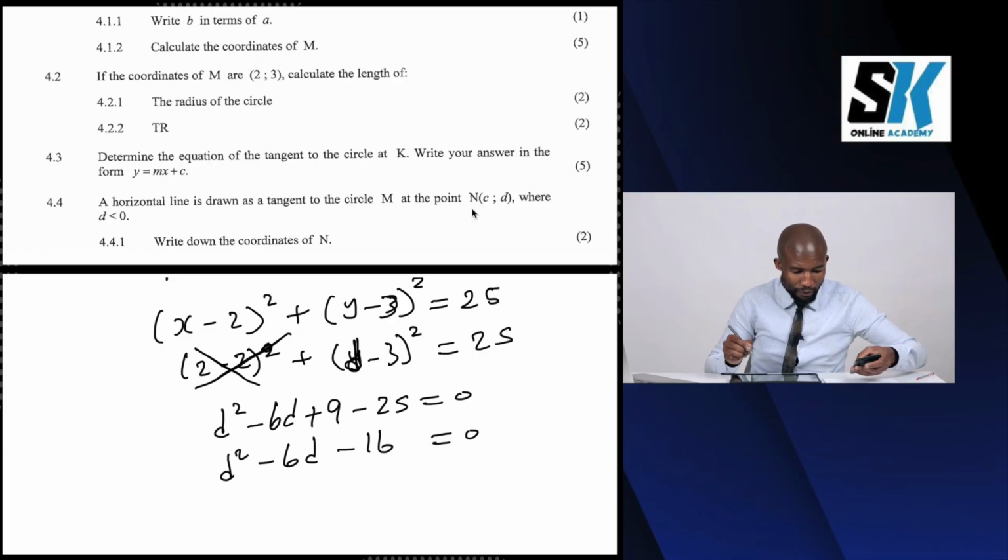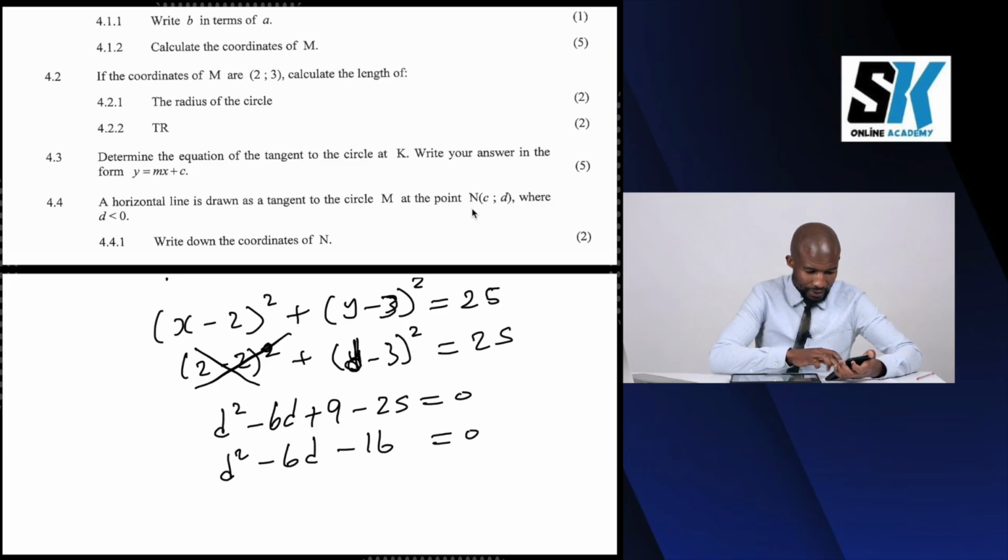So we must look for factors of 16 that give us 6, or a negative 6. So we know that to get 16, it's 4 times 4, which gives you an 8. And then 8 times 2, yeah, you are close to 6, with 16.